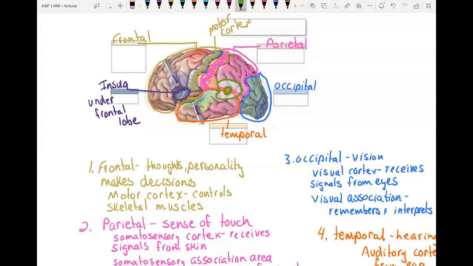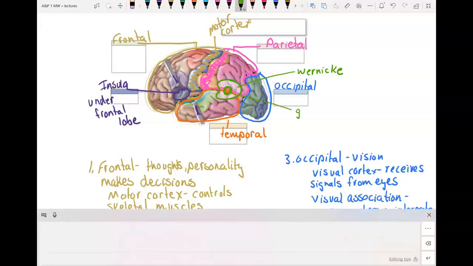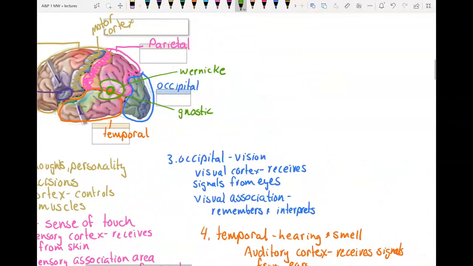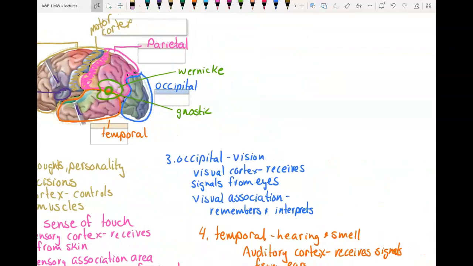So these are the Wernicke and the Gnostic. Wernicke is a German word, so it's spelled with a W, but it's pronounced like a V. The Wernicke is what understands language.